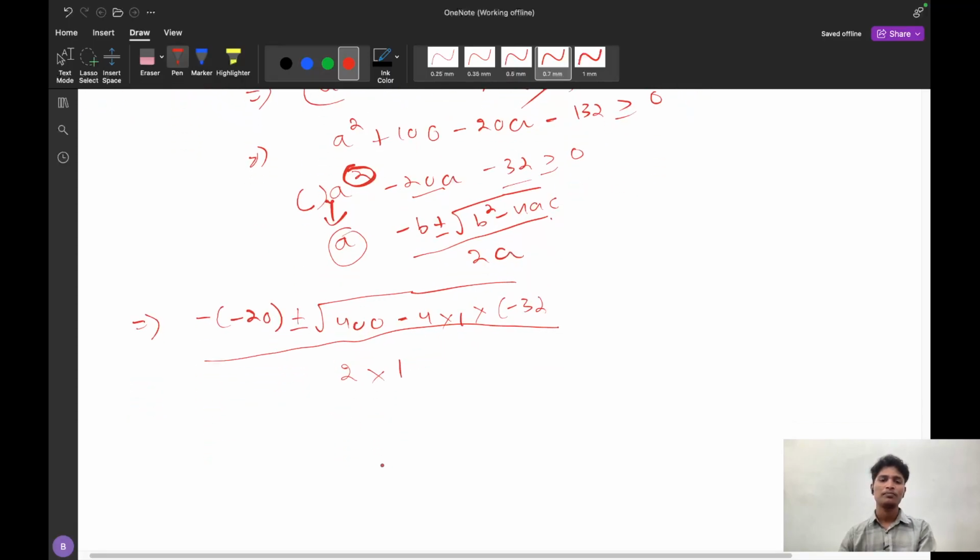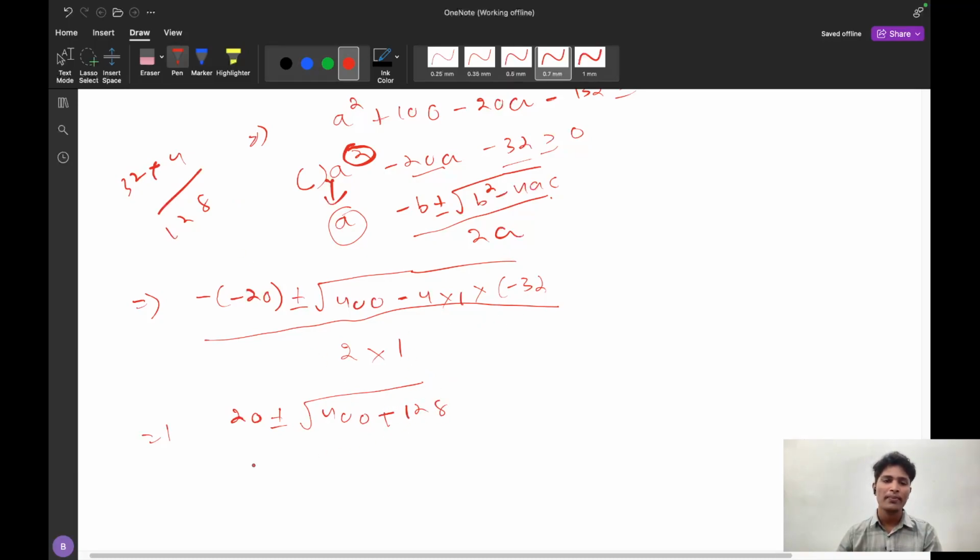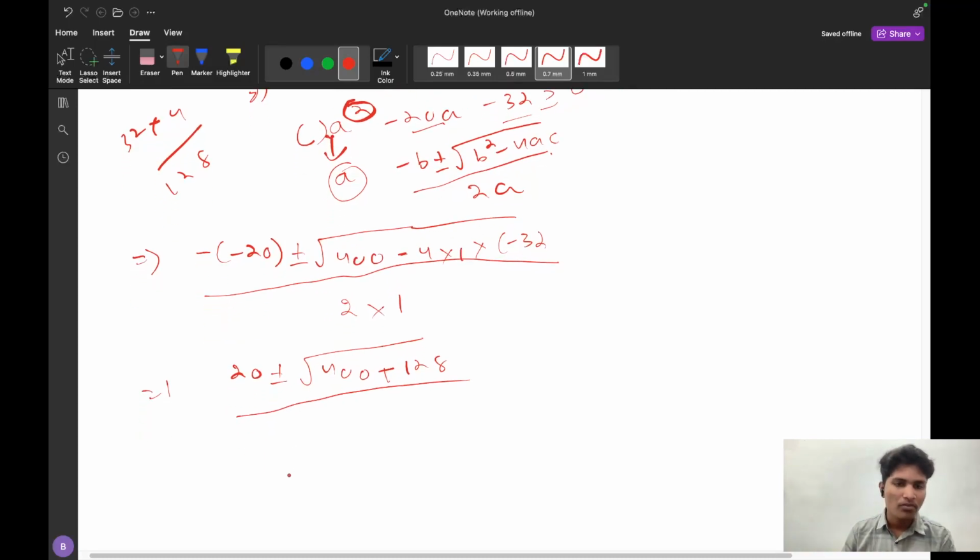A is 1. Now minus of minus 20 is 20, plus or minus root of 400 minus 4 into 32. 32 into 4, 4 twos are 8, 4 threes are 12, 128, and minus into minus is plus 128, divided by 2.